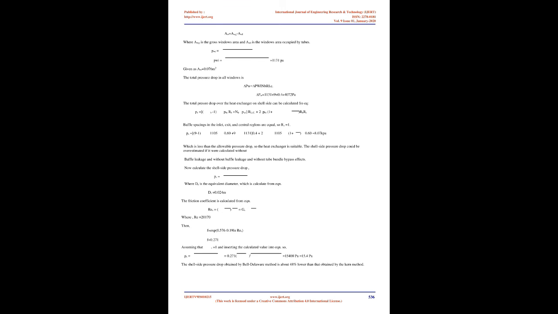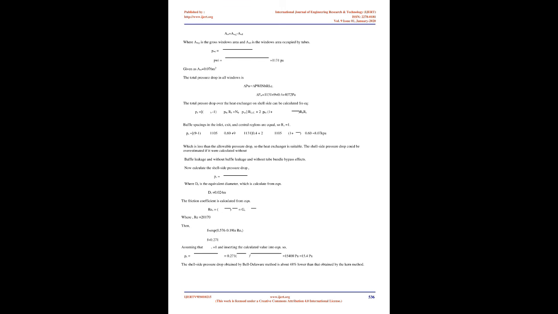8 Design and Analysis. The properties of the tube side fluid at 20 C from Appendix B: Cp equals 4182 J/kg K, k equals 0.598 W/m K, Pr equals 7.01, density equals 998.2 kg/m3, viscosity equals 10.02 times 10^-4 N s/m2.